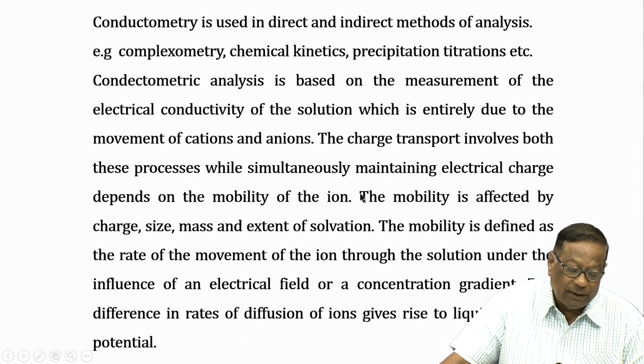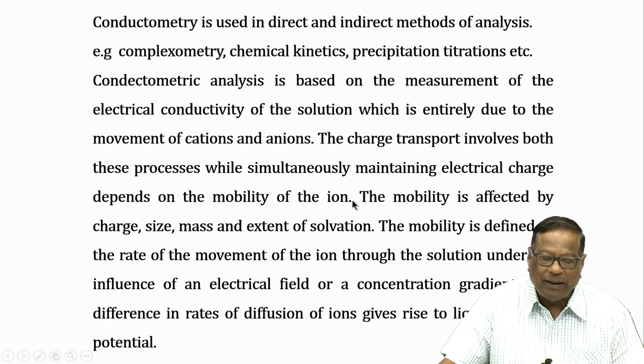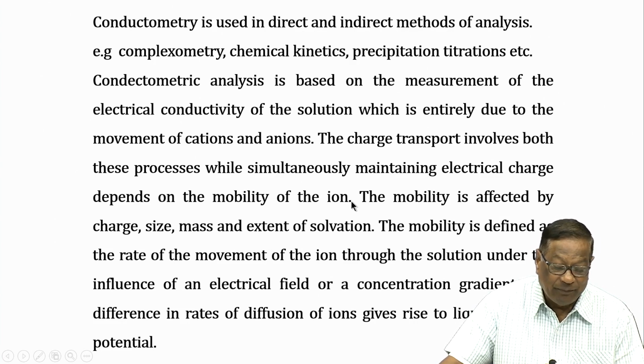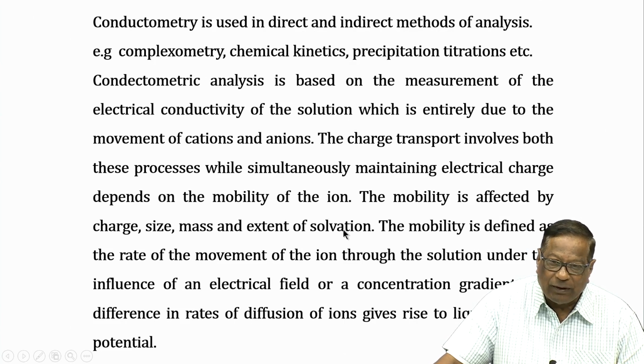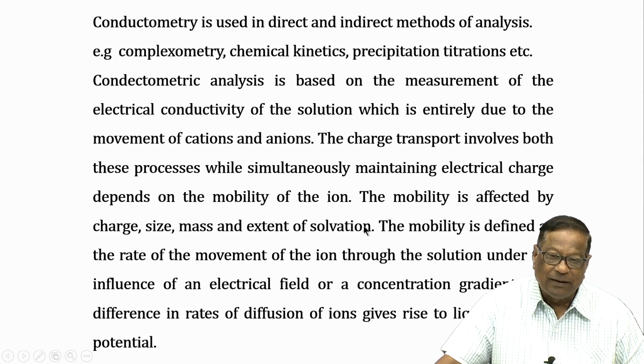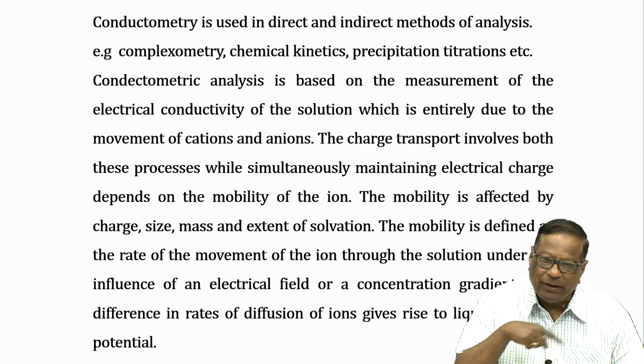If the ion is very small, then it will move very fast. If the size is bigger, then it will move a little sluggishly, and then it depends upon the mass and the extent of solvation.